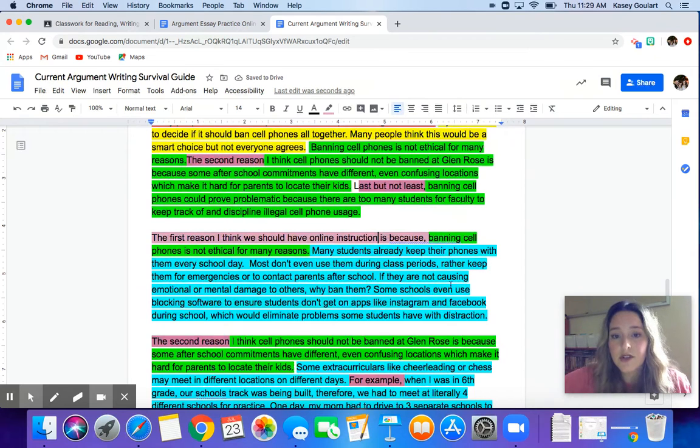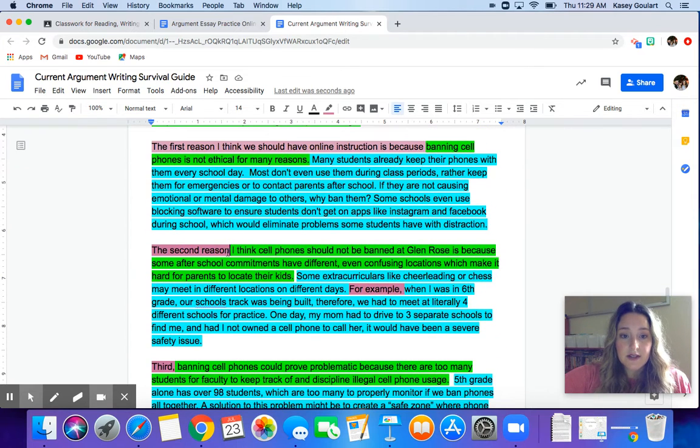Now, did everyone choose online instruction? No. All I'm telling you with this example is that we need to have a longer phrase transition that's purple instead of just having the word first, second, or third, okay?